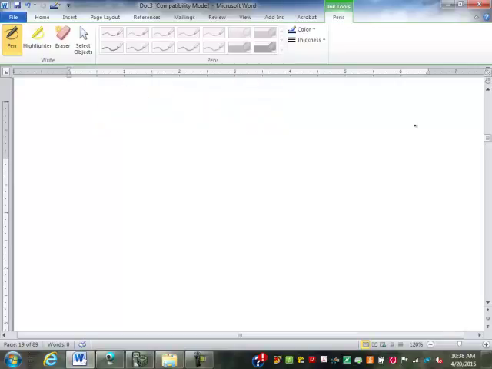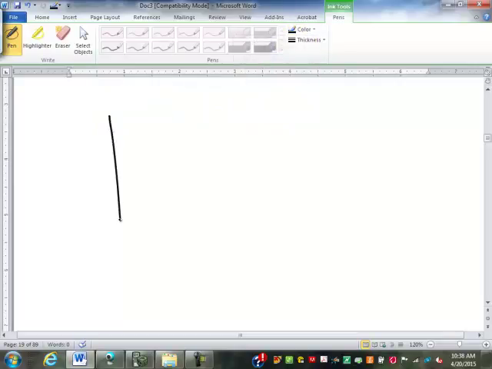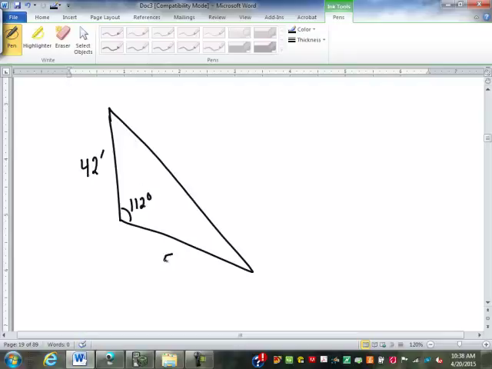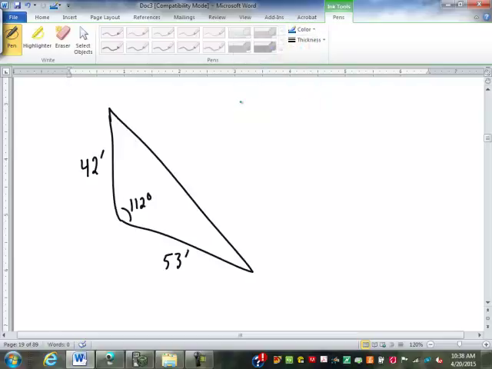So let's take a peek. So to find the area of this triangle, what am I going to do?